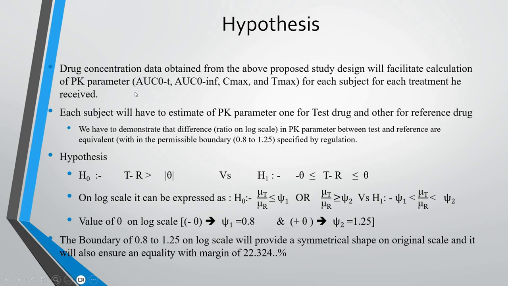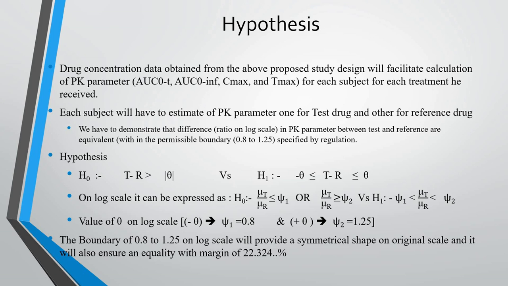So let's say subject 1 gets test and reference. For the test, for subject 1, I have calculated his AUCt, then AUC infinity, then Cmax and Tmax. What subject 1 got in the first period is test, and for that this AUCt, AUC infinity, Cmax, Tmax has been calculated.